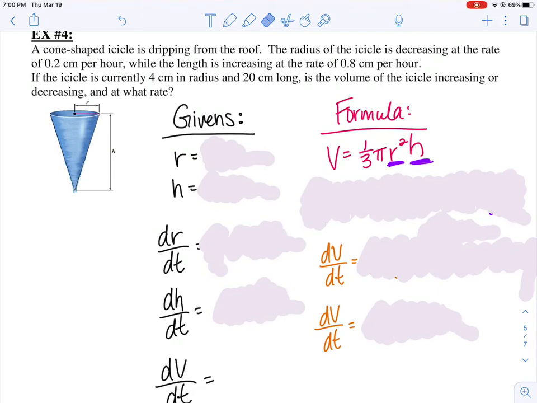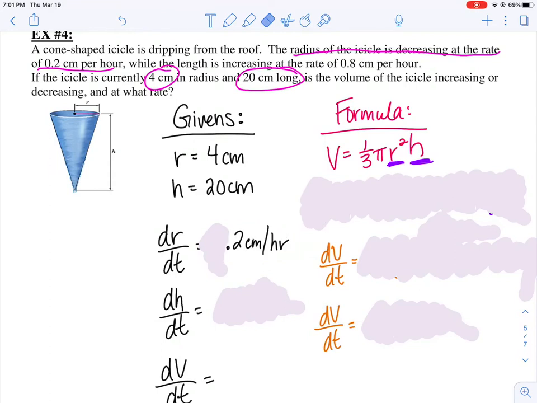So reading back through the example, I saw that the radius at that moment we're talking about is 4 centimeters. I also saw that the height of the icicle at the exact moment we're talking about is 20 centimeters. It also says in the question that the radius of the icicle is decreasing at a rate of 0.2 centimeters per hour.